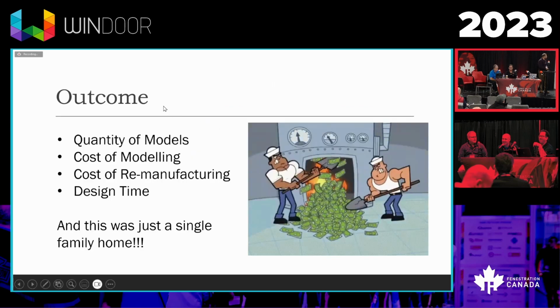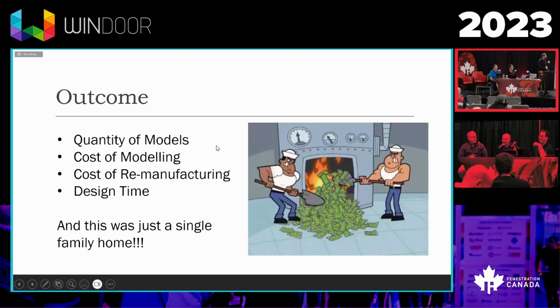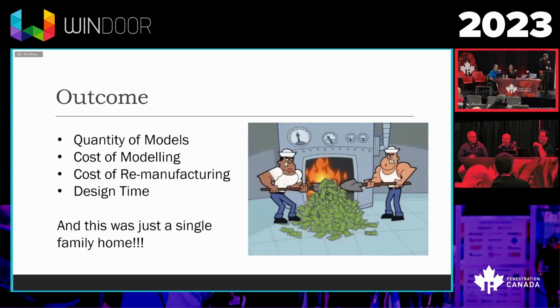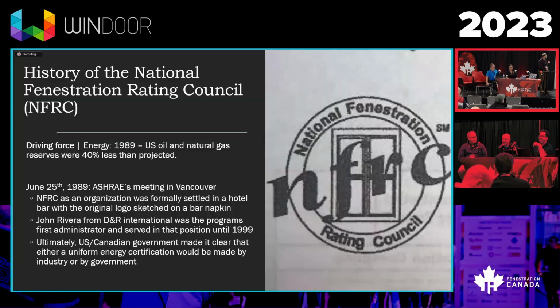So it just exponentially created so many models, time, the cost, and the potential for remanufacturing. Thankfully, it wasn't an issue for them, but you'd imagine with a lot of extruders, this could be a huge issue. And then just frankly, design time on just a single family home.